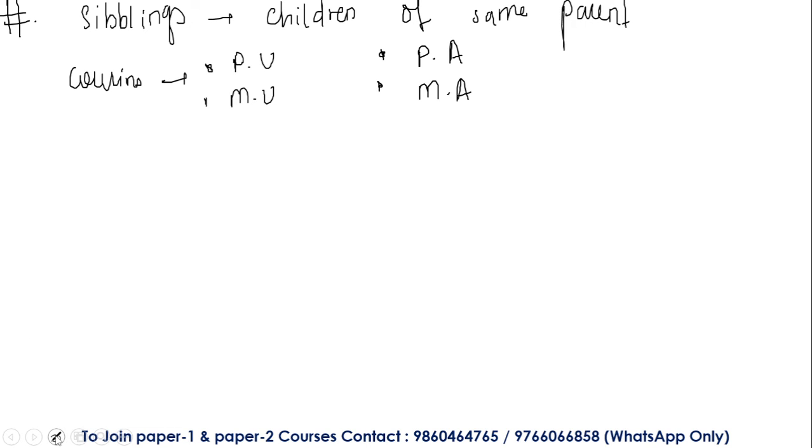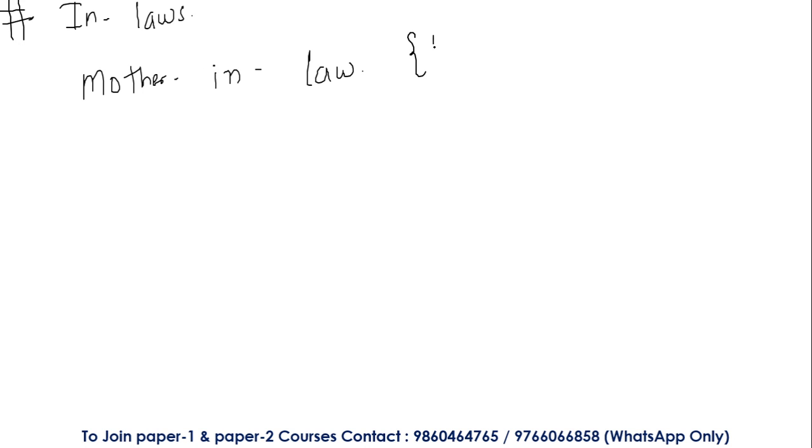Okay, please take a screenshot of this again. This was a simple thing. Whenever we talk about in-laws, yes, mother-in-law, it means what? Your husband's mother, or we can say wife's mother.